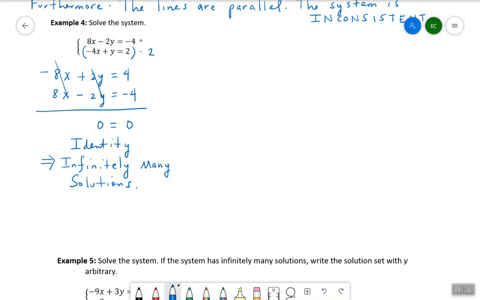And again, when we see infinitely many solutions, we know that these two lines that we started with are equivalent. They're actually the same line. That's what it means for them to be coincident. So we need to describe the points on that line, and the directions in the homework might say something like, set y arbitrary.